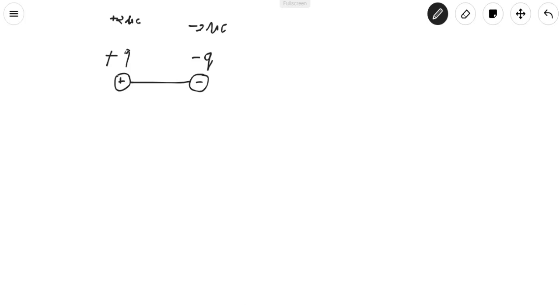So the value must be the same, 2 microcoulomb in each case. One is positive, one is negative, then this system is called a dipole.